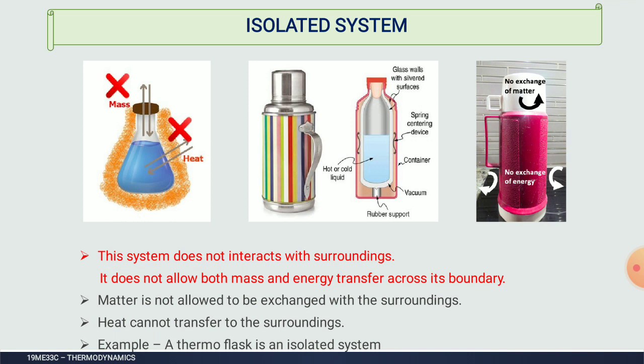If any one transfer is occurring between the system and surroundings, it may be energy or it may be mass. Therefore, an isolated system does not exist. But with certain assumptions we can treat a system as an isolated system.